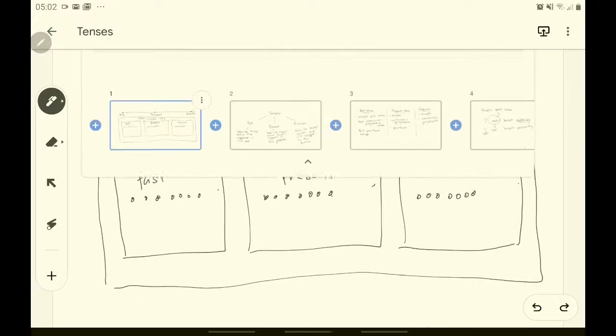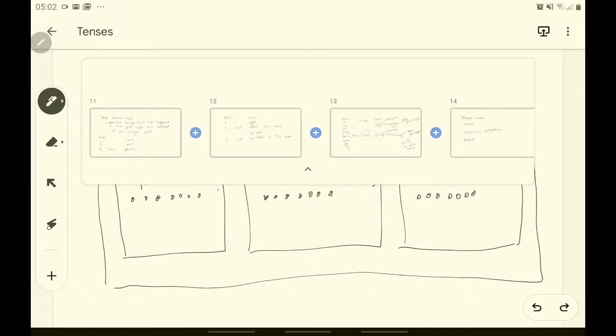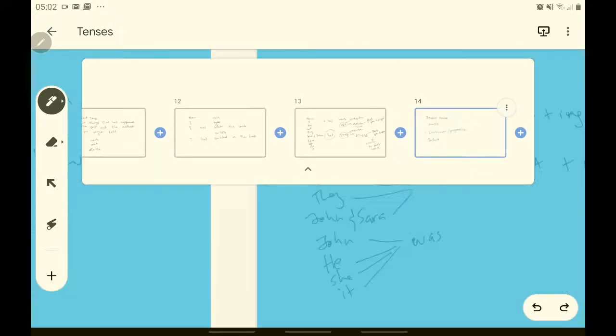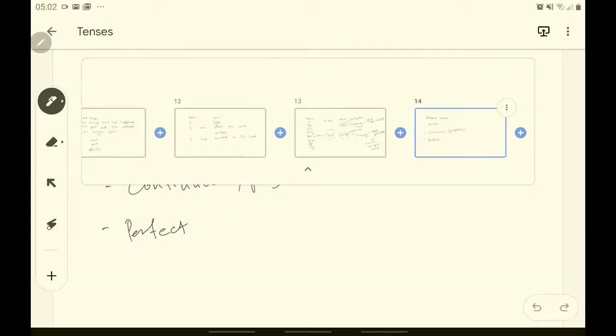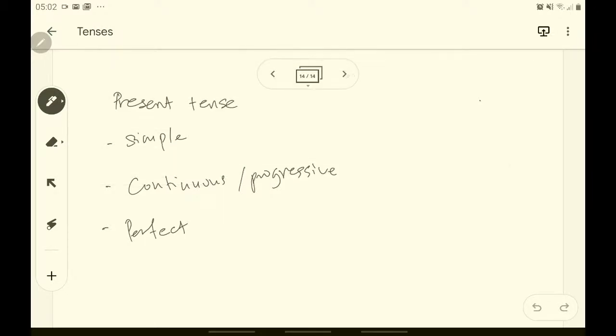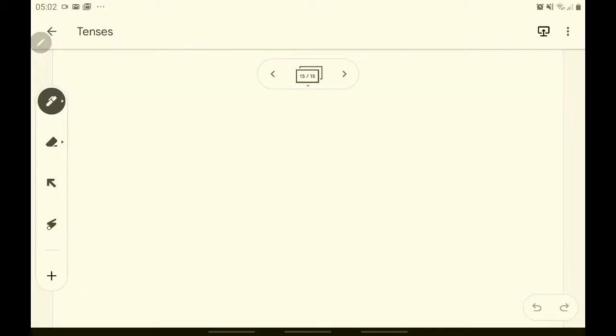Okay, so let's go back to our slide. We will start with simple present tense. Let me just write it down first. Simple present tense.